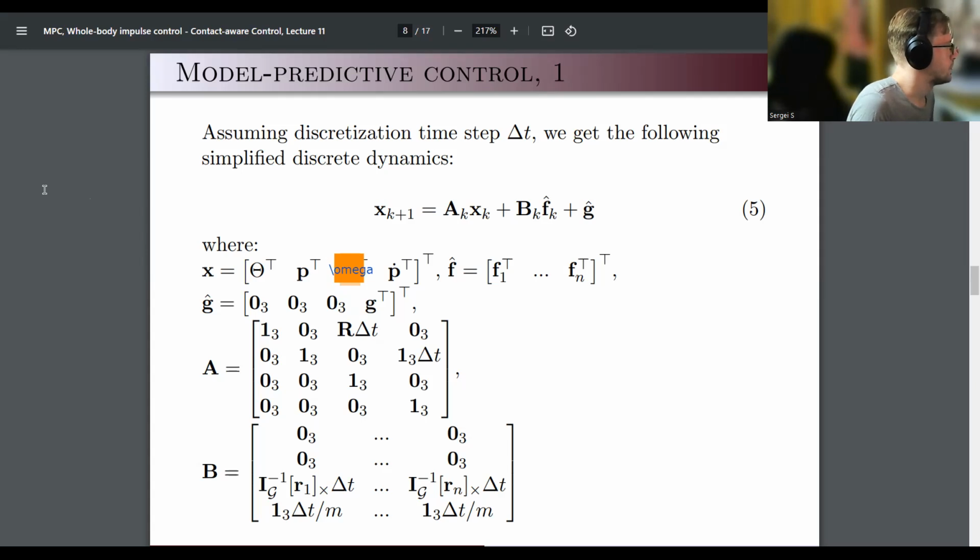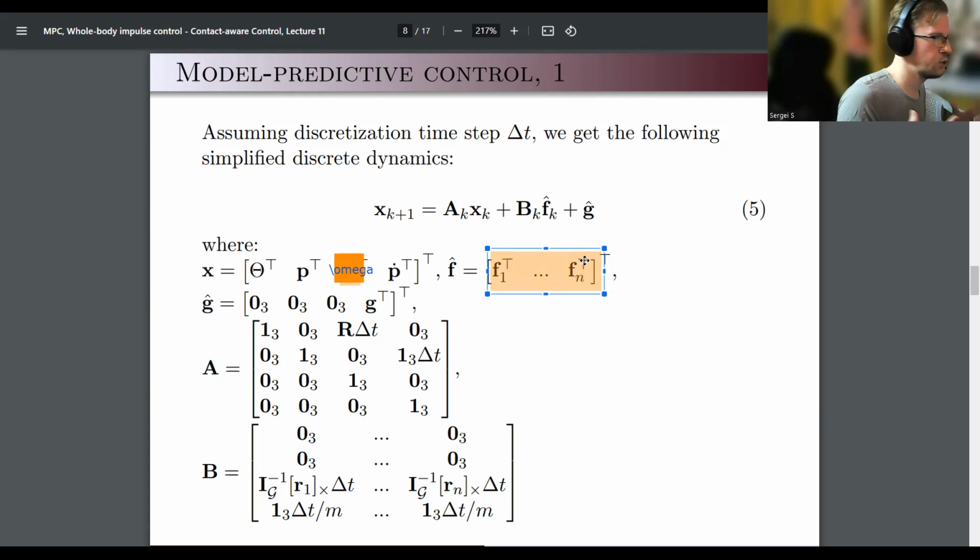Okay. All right. So x is orientation, position of the center of mass, angular velocity, and velocity of the center of mass. F hat is a combination of all reaction forces that act on the robot during this step number k. So let's say you have 3 feet on the ground, it will be 3 reaction forces.